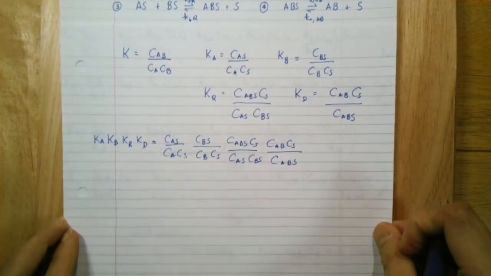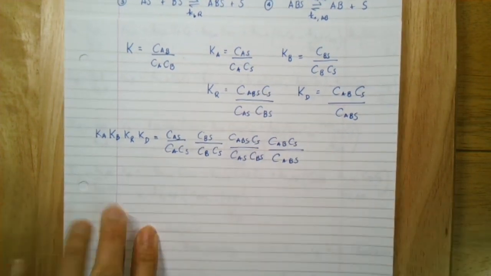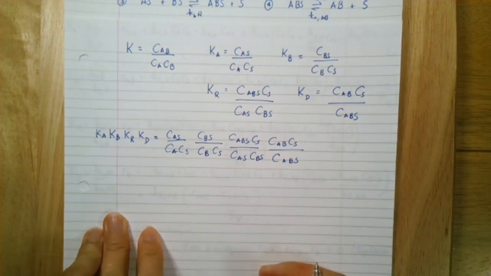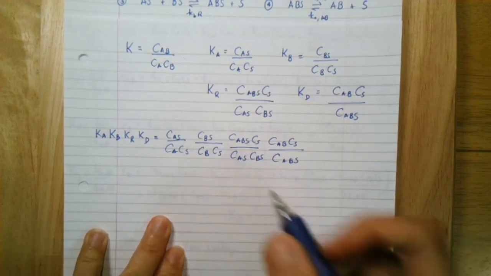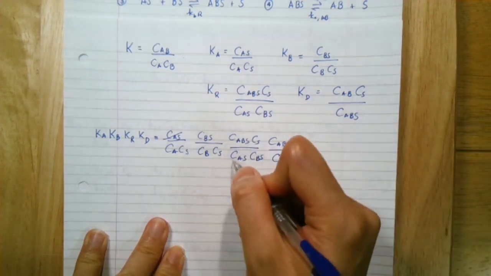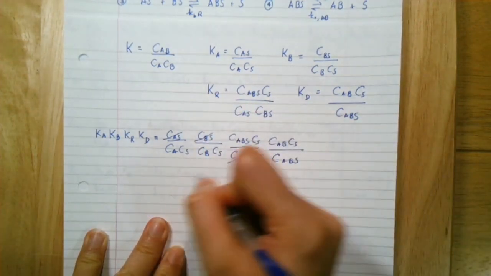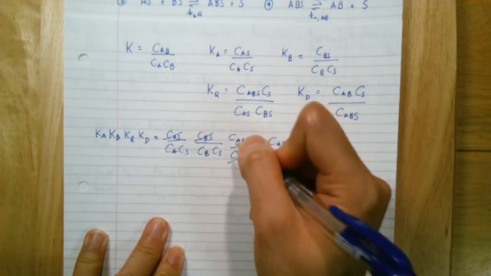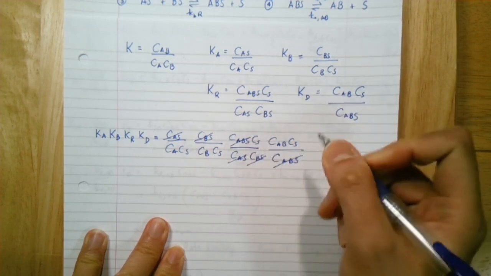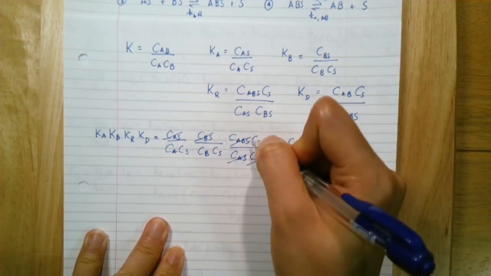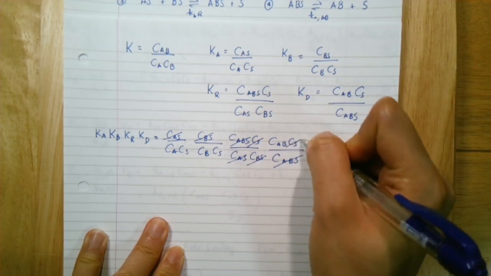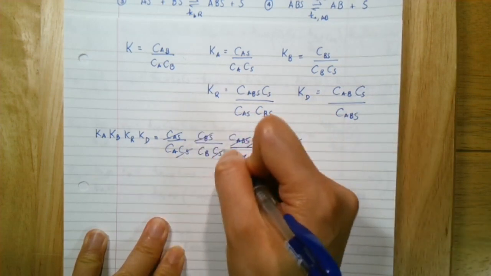Okay, so you will see that we can cancel out the surface concentrations: CAS, CBS, CABS, and the terms for CS. So we have 2 in the numerator and 2 in the denominator.